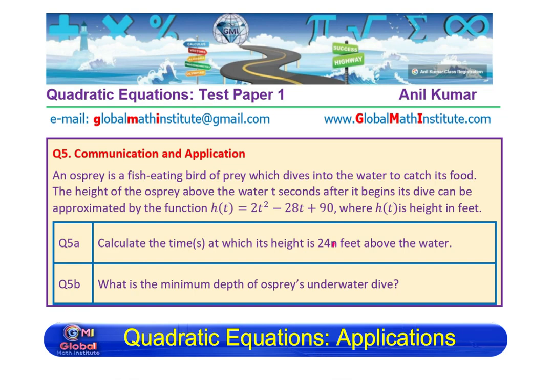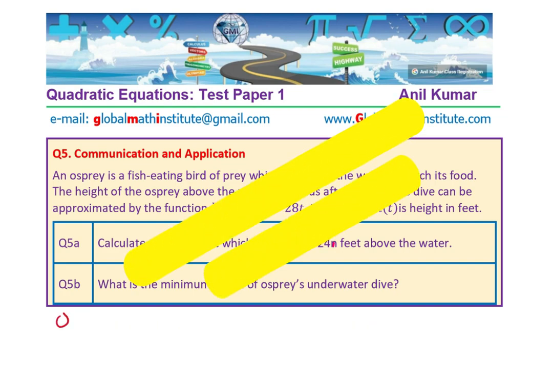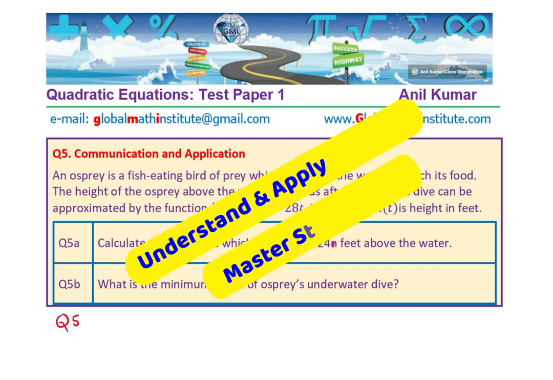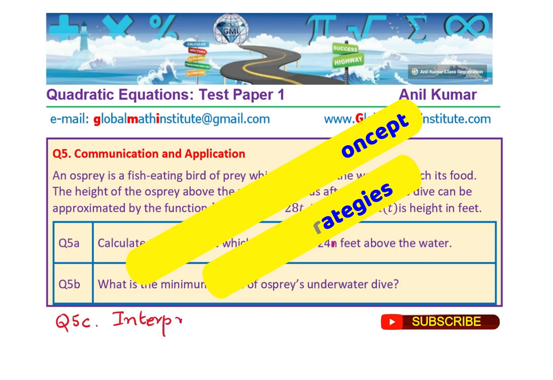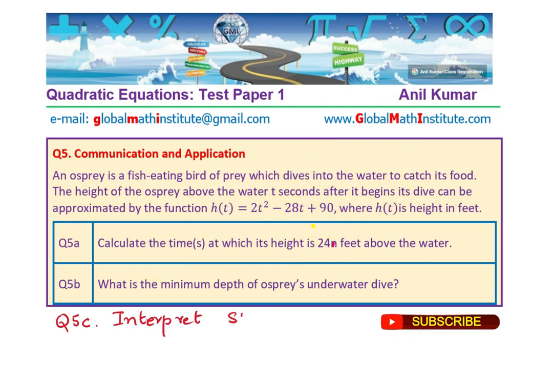We are going to extend this to question number 5C, which is, interpret the significance of t-intercept.